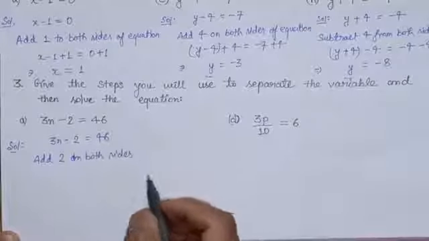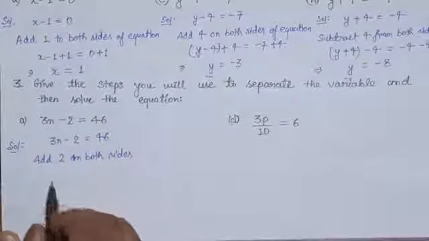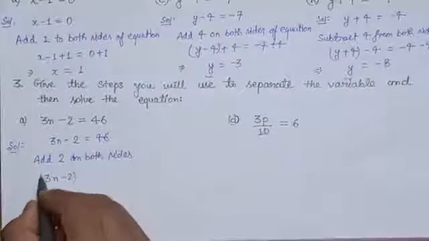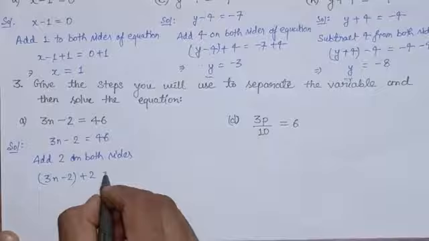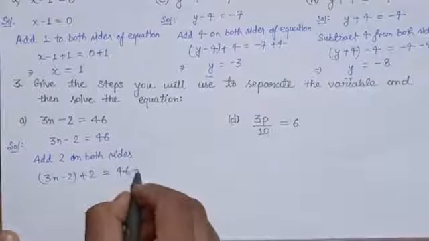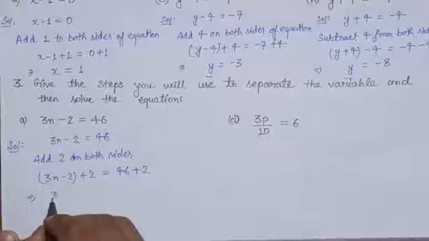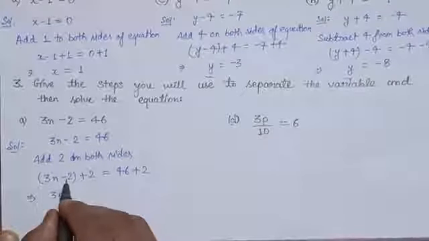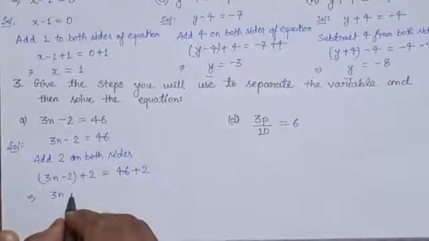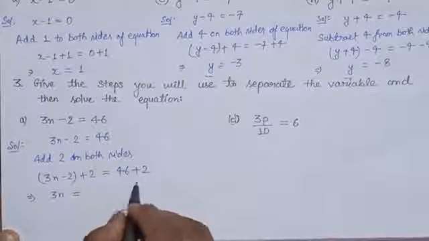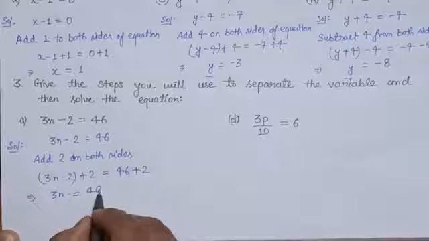So let us see what happens when we add 2 on both sides of this equation. So we can write 3n minus 2 plus 2 is equal to 46 plus 2. So it implies that 3n, and minus 2 plus 2 becomes 0. So here we have only 3n, and on the right hand side we have 46 plus 2, that is 48.